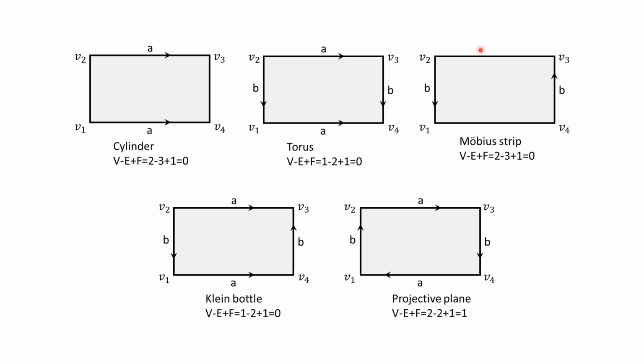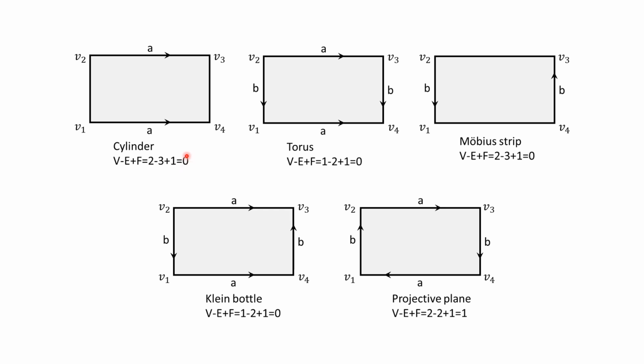So the shapes shown here on this slide are called fundamental polygons, and we already looked at 2 of them. One was the cylinder, and recall from the last slide I actually joined the vertical edges, but I've drawn it here as the horizontal edges being joined. So if you join these 2 edges, you get a cylinder.